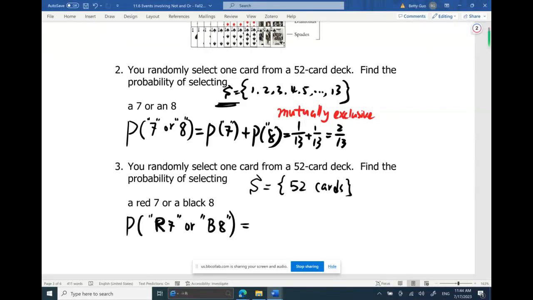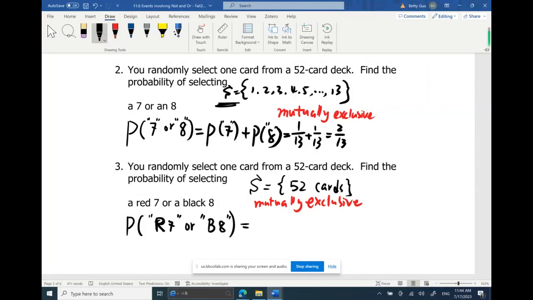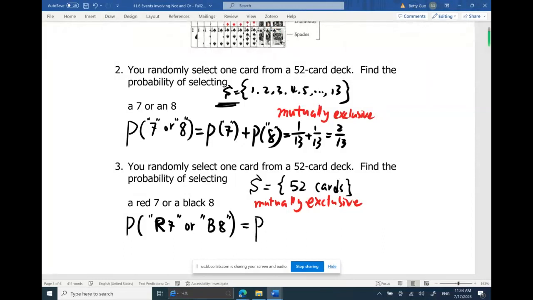In this case, red 7 and black 8 are still mutually exclusive, because you only draw one card, and it's not possible for the one card to be red 7 and black 8 at the same time. So they are mutually exclusive. And in the condition that they are mutually exclusive, we have P of red 7 plus P of black 8.